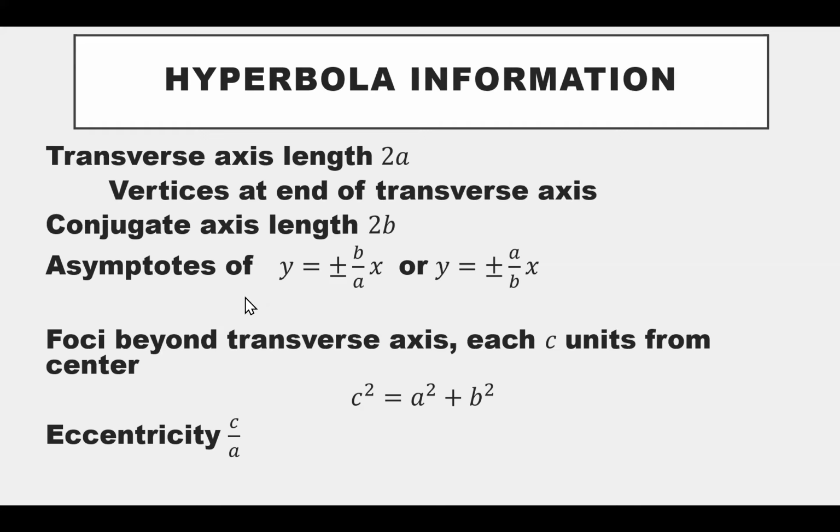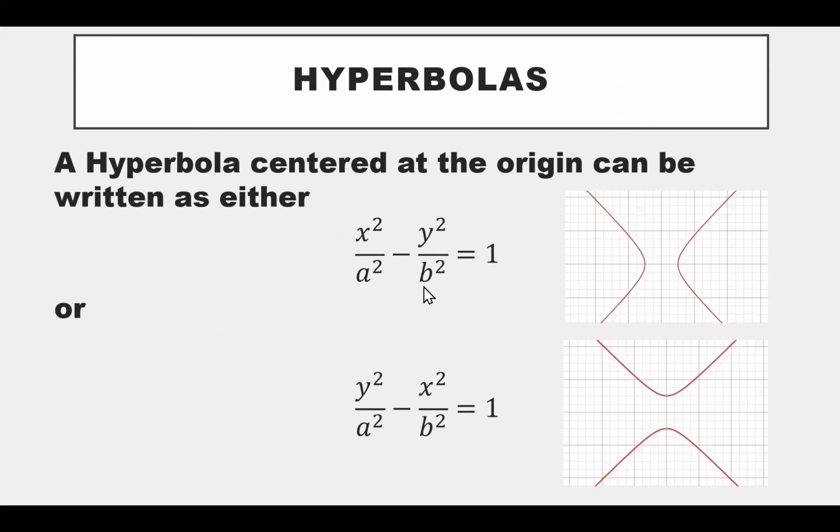Now, another interesting feature of hyperbolas is that they have asymptotes. We have asymptotes of y equals plus or minus b over a times x, or y equals plus or minus a over b times x. That's going to depend on what form of the hyperbola that we have. If the b part is underneath the y, then the slopes of the asymptotes will be b over a and negative b over a.